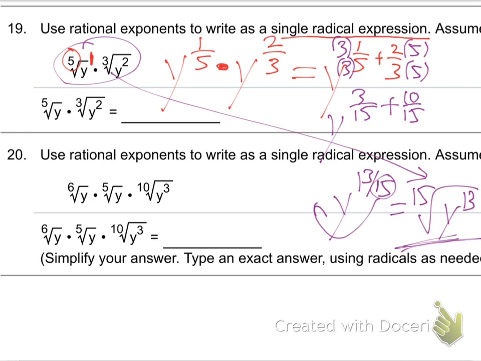Make them all into thirds. All right, so I'll go to a fresh screen for number 20 here.